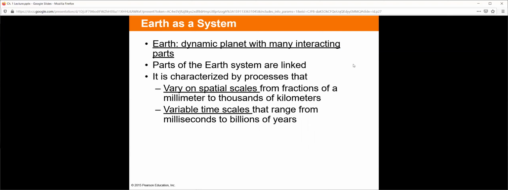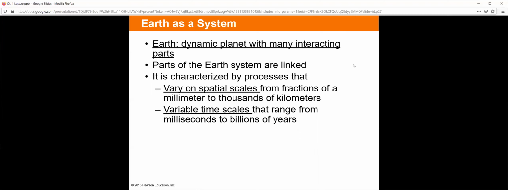In this class, after we go through the basic rock types, we're going to go a lot into Earth systems and geologic systems and how they interact and how they make the world exist the way it exists in a way that you live on it. You can characterize these processes by spatial scales or time scales, fractions of a millimeter to thousands of kilometers.